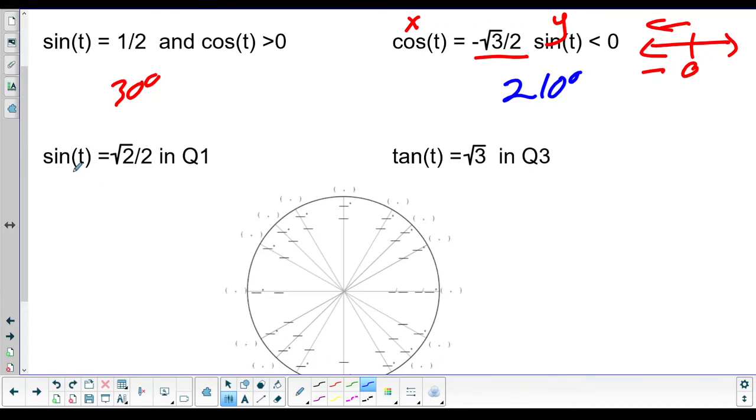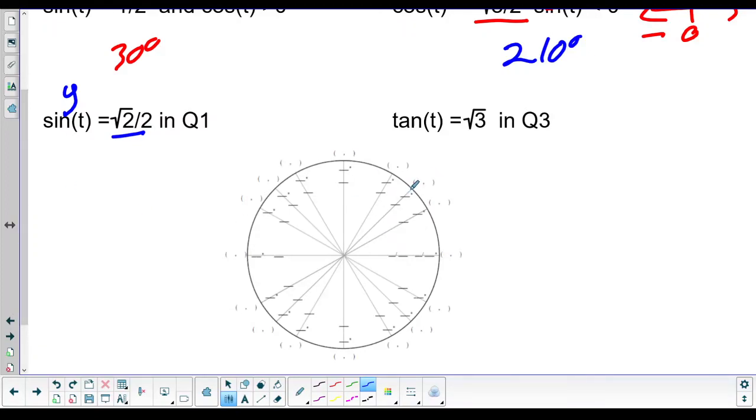So sine of t equals radical 2 over 2. Sine, again, is your y value. So this means y is radical 2 over 2. Radical 2 over 2 is always going to be one of the middle ones. So it's either going to be this middle one where y is positive because we went up, or this middle one where y is positive because we went up.